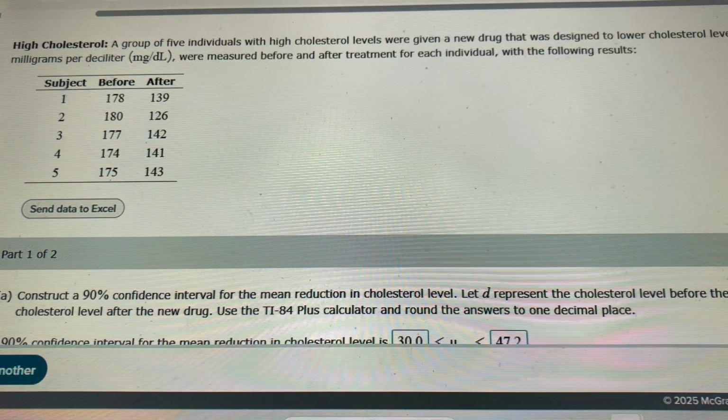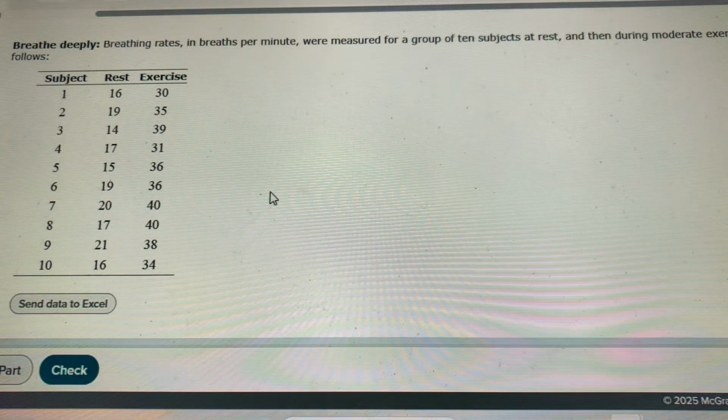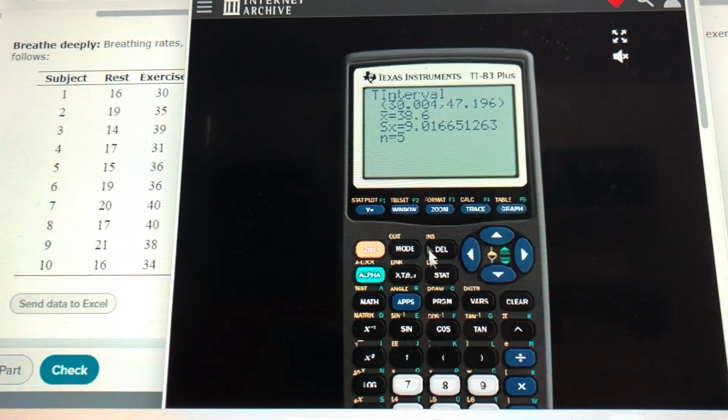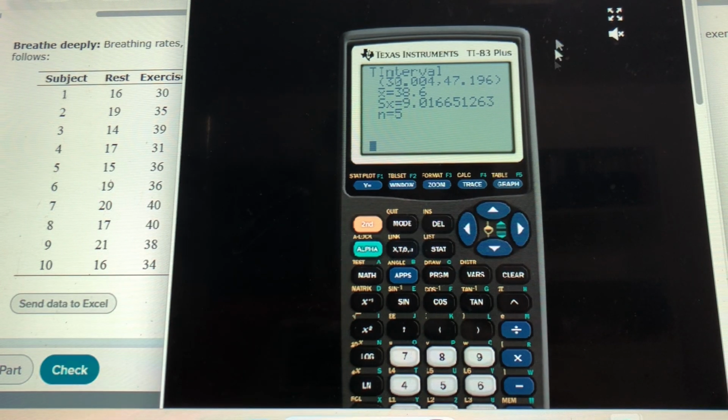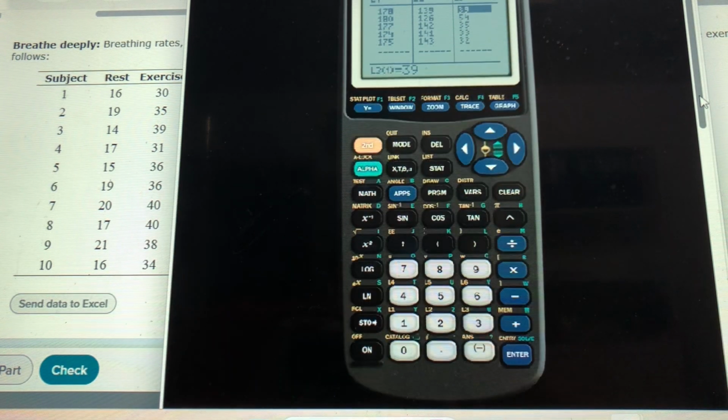Now, what I could have done on 14, let me try another one here. Here's what we could have done on 14 if I typed all the data in first before I realized it was worded backwards. You just get to a problem and you're blindly putting them in the way they come. Let me clear out list 2 and list 1.